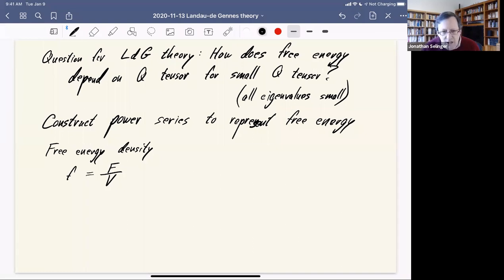If it's going to be a power series in Q for small Q, let's start by writing down what kinds of terms might go there. First of all, there could be something which is 0th order in Q, that is independent of Q. That's just some f0. So I'll call that 0th order.